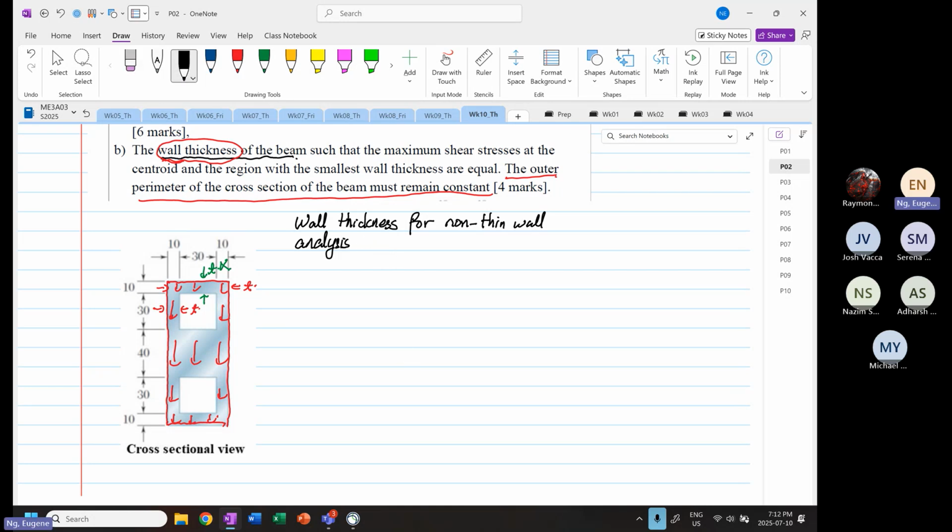the thickness is perpendicular to the shear flow.